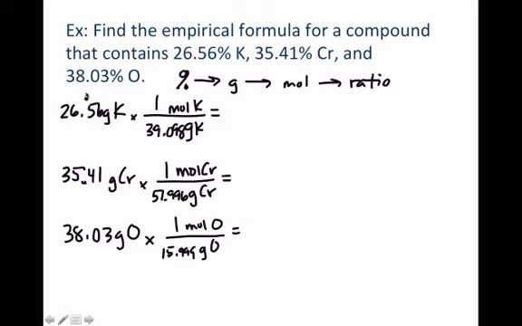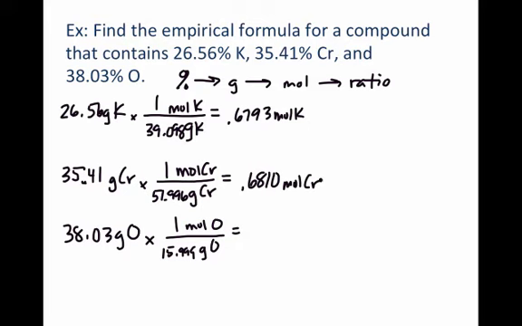So I take 26.56 divided by 39.098, and I get 0.6793. The only reason that I'm keeping 4 digits here is because I started with 4 significant figures in the beginning, so I carry 4 significant figures through. For the next one, I get 0.6810, and this would be moles of potassium.